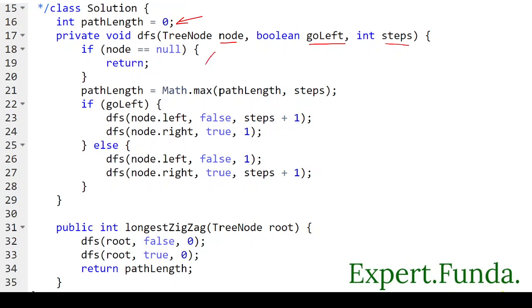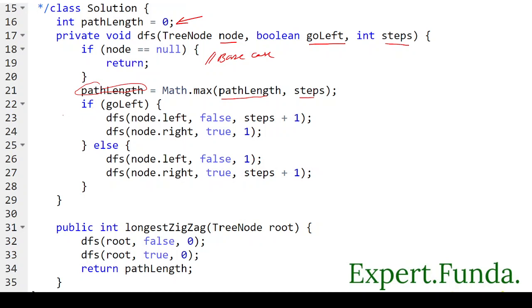This is your base case. Then we'll find the maximum between the path and step, and whichever comes will update our path. So when our path is updated, you will get the maximum length.